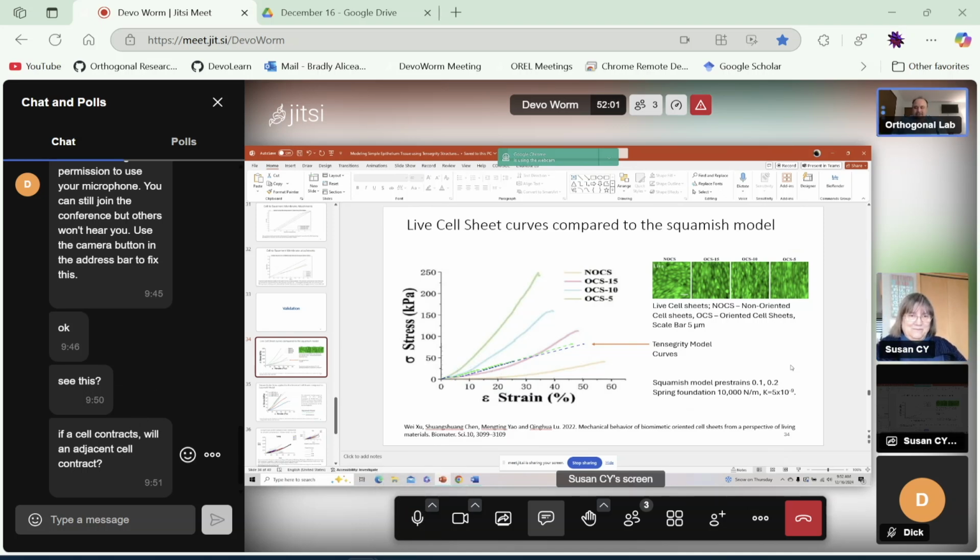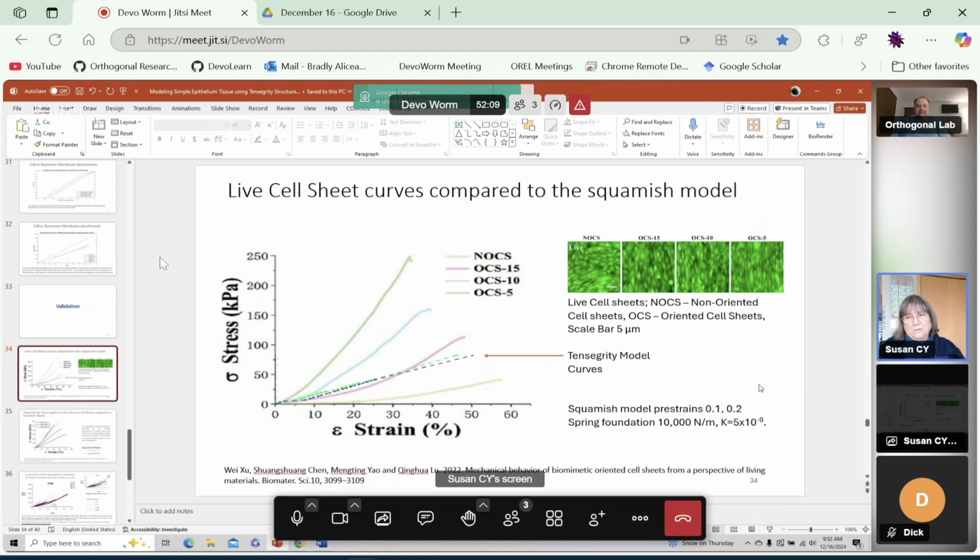Dick has a question. If the cell contracts, will an adjacent cell also contract? In the cardiomyocytes, they show that when they pull on it, it contracts, and pull on it, it contracts. I haven't really looked at that, but if you go into this paper, they're thanking the lab for the cardiomyocytes.